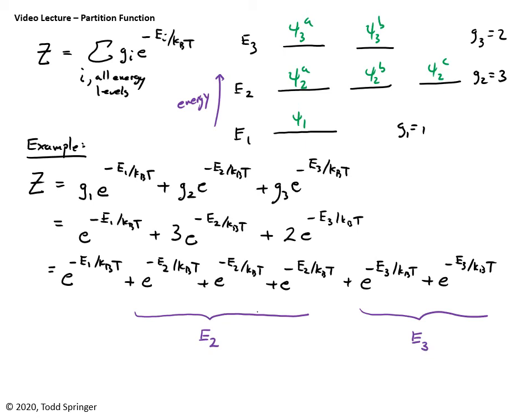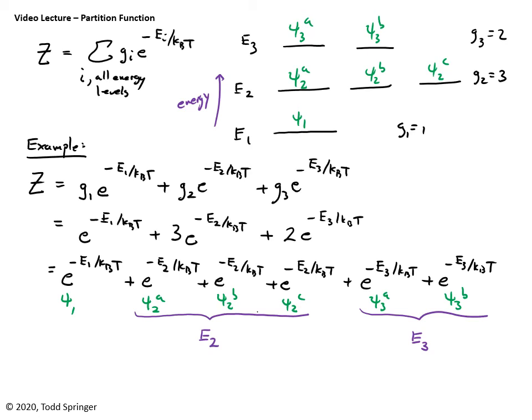And you notice there's 3 of them because there's 3 states with energy E2. So this might be the state psi 2a, this might be psi 2b, psi 2c. This would be psi 3a, psi 3b. And of course this would be psi 1.